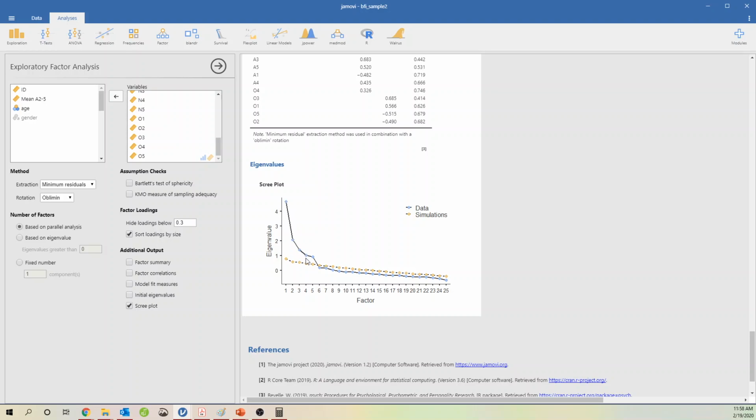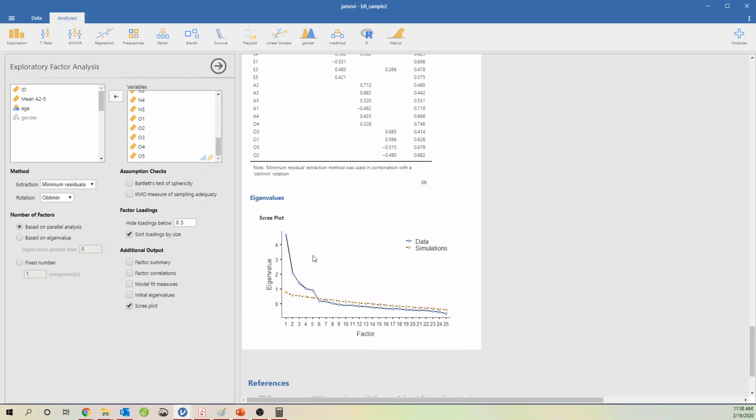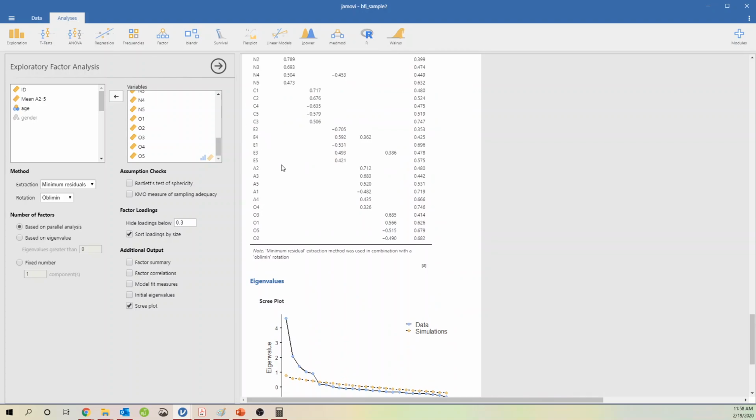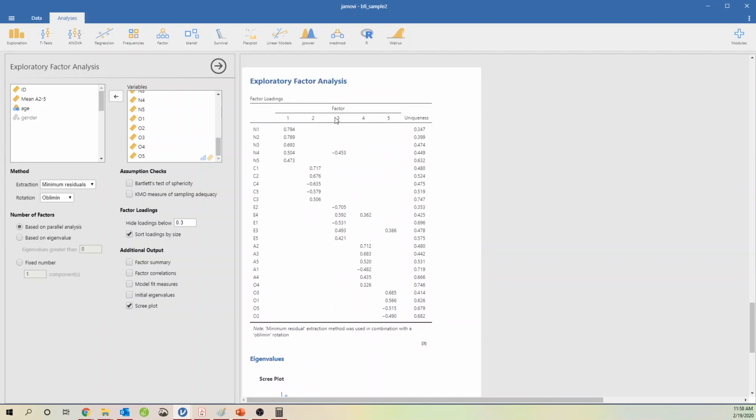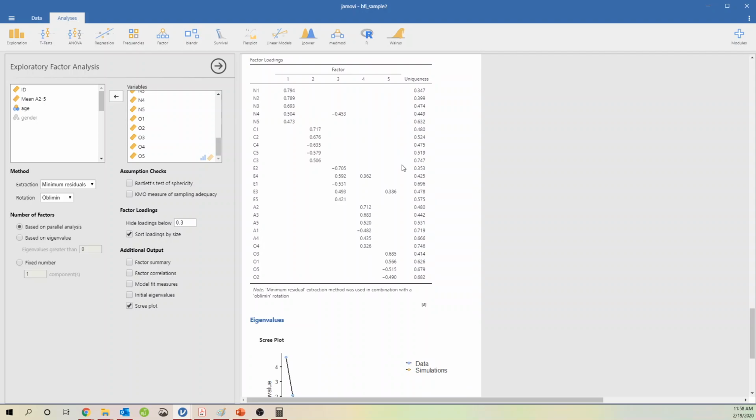This blue line is telling us how well our variance was actually accounted for based on the number of factors in the model. And so because with 5 factors we are doing better than random, and with 6 factors we're doing worse than random, the model has decided that the best way to operationalize this set of 25 items is a set of 1, 2, 3, 4, 5 factors.